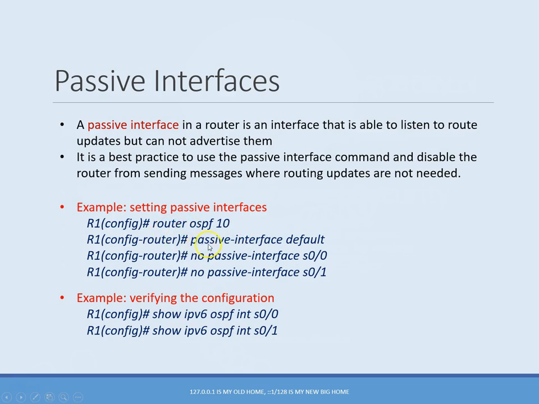Then we can set all the interfaces as passive. Then we can exclude from the passive configuration any interface that we want to set to exchange route updates. Here we say no passive interface for S0/0 and for S0/1.